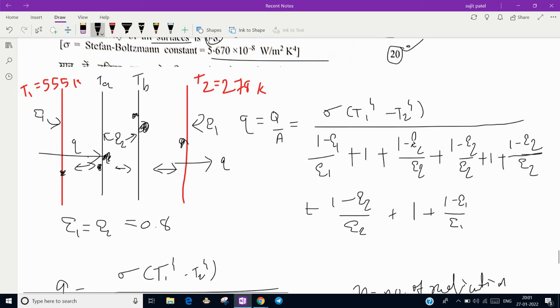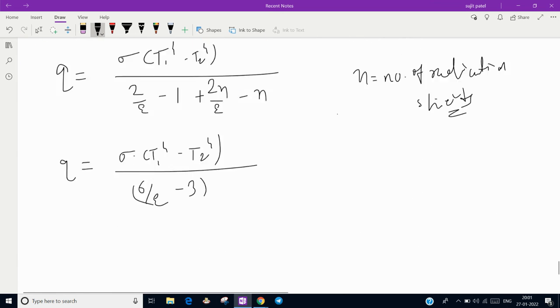If you take the steady state heat flux from plate 1 to 2, or between the first plate and the first radiation shield, or between two radiation shields, the heat flux will remain the same; only the value of resistance and temperature is going to change.